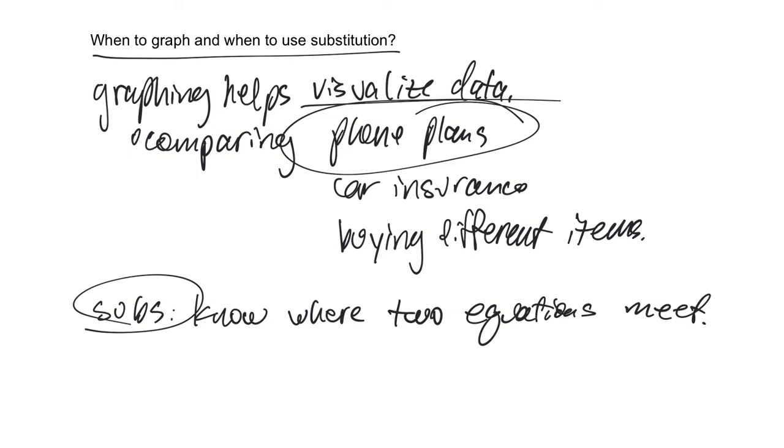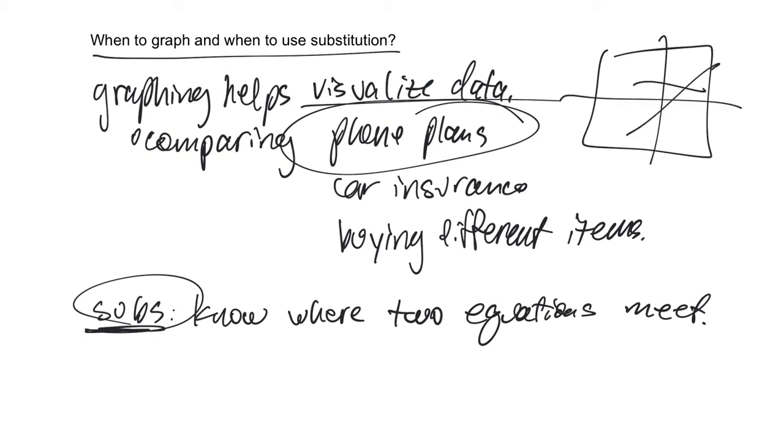It helps me make a better decision. I prefer to use substitution all the time because it gives me the point, whether it's a fraction, a decimal, or anything like that. Graphing is good to visualize, but sometimes it's hard to tell what the solution actually is, because our two lines cross here but our tick marks don't line up. So we're kind of floating in space. That's where I would use substitution.